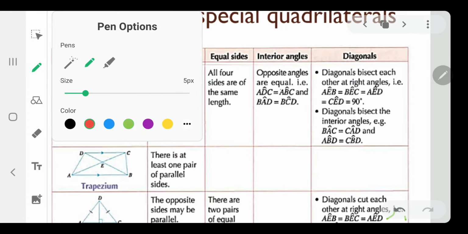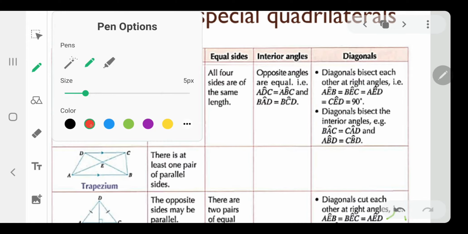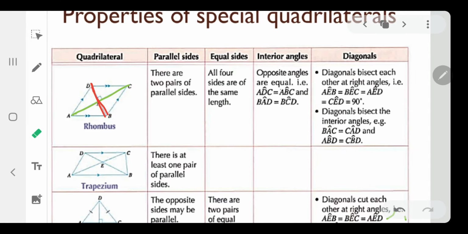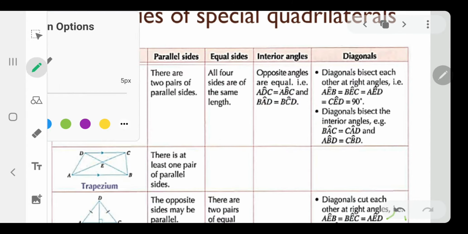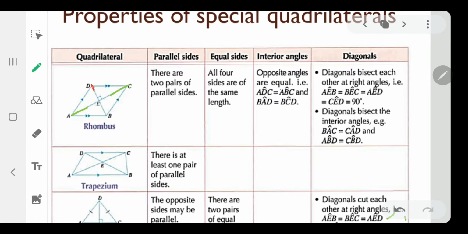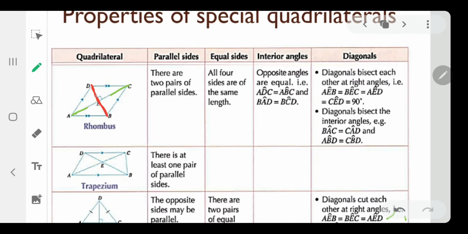We have the second diagonal, which is BD, right? So these diagonals bisect each other, and this angle is 90 degree. This angle is 90 degree.